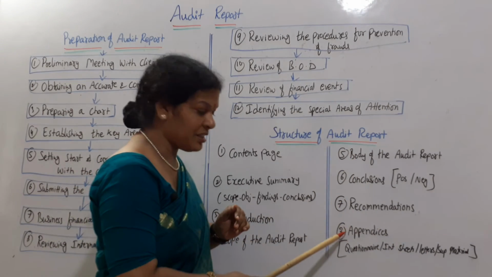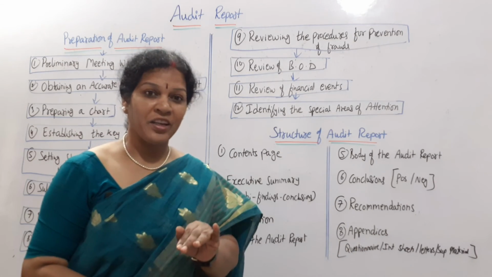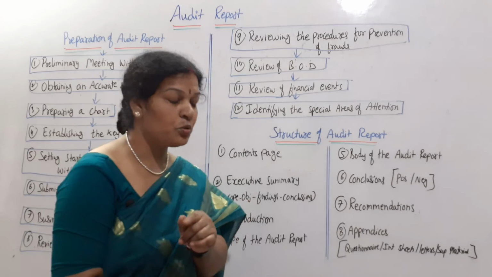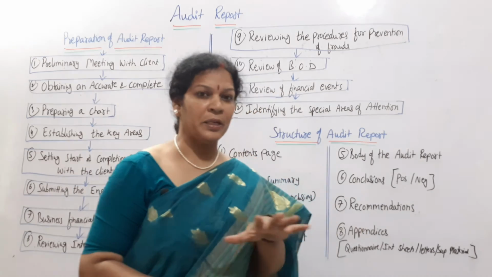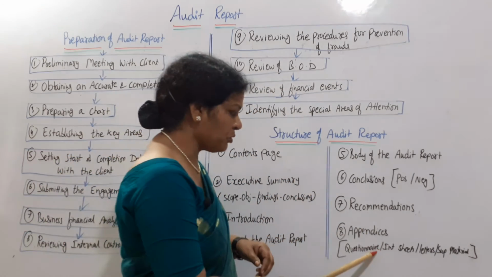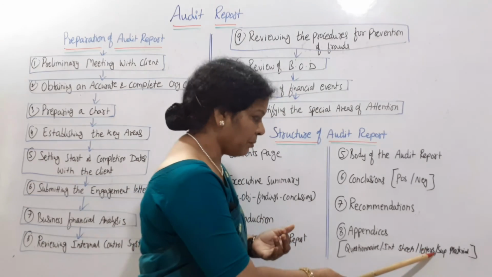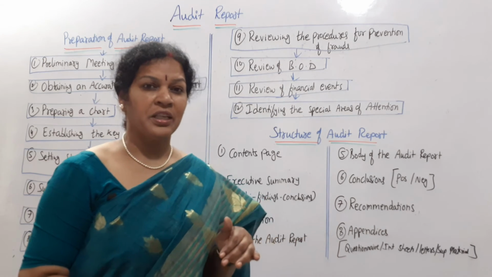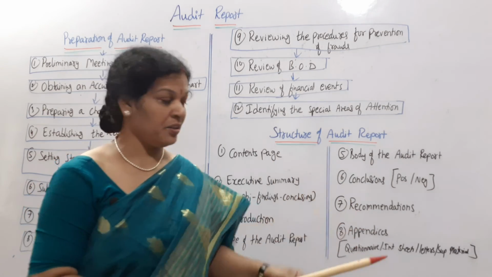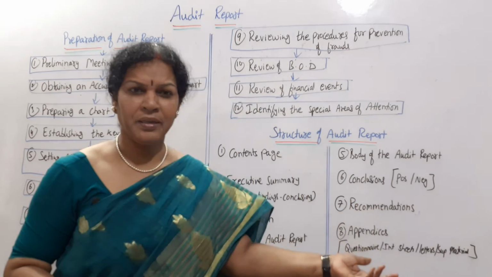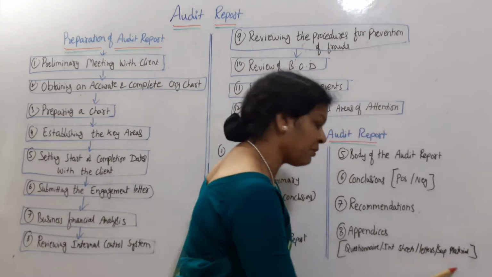And lastly he can give some kind of appendices. Appendices means attachments. What kind of attachments? Suppose he uses a questionnaire to take information from a particular department, the accounts department, or he takes interview sheets and some letters given by the finance department, the board of directors or the client, or maybe company meetings, and also supervisor material.